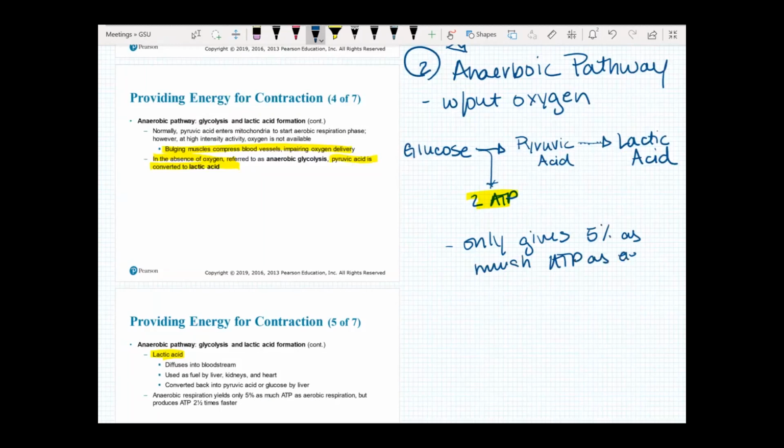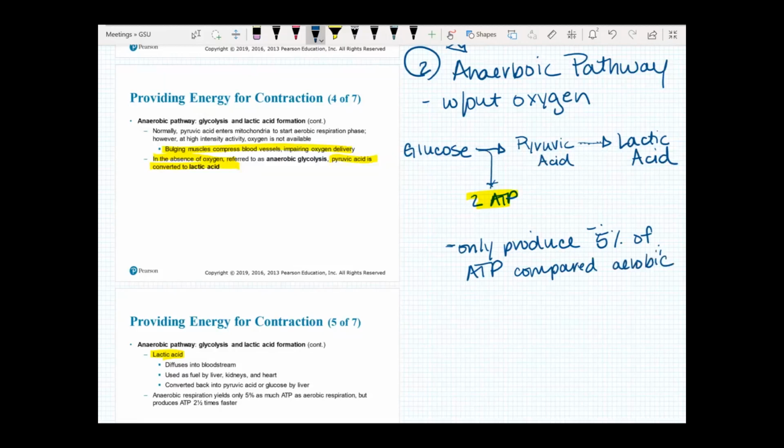This next process we're going to talk about produces 95% more ATP. I wrote that really messy, so we're going to rewrite that. Your anaerobic will only produce 5% of ATP compared to the aerobic.